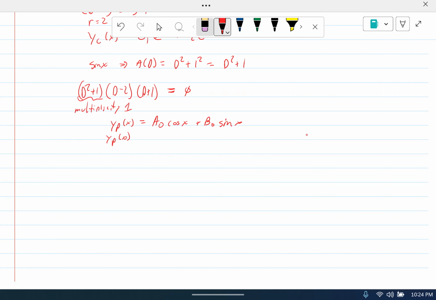So y prime of x is going to equal a naught times the derivative of cosine, which is negative sine x, plus b naught times the derivative of sine, which is cosine x. Okay, and then y double prime p of x is going to be negative a naught cosine x minus b naught sine x.